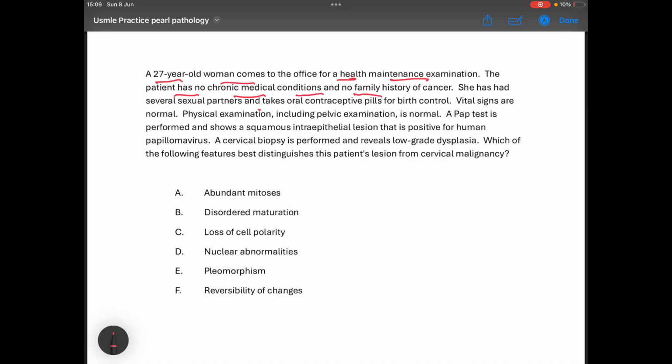She has a normal physical examination, including a normal pelvic examination. A Pap test shows a squamous intraepithelial lesion that is positive for the human papillomavirus. A cervical biopsy is performed and reveals low-grade dysplasia. Which of the following features distinguishes the patient's lesion from cervical malignancy? If you know about neoplasia.